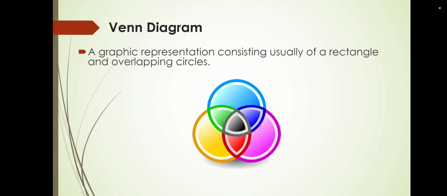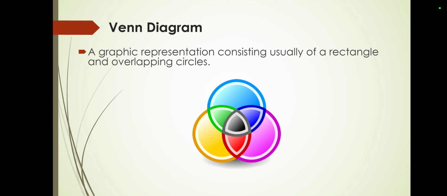When we say Venn diagram, this is a graphic representation consisting usually of a rectangle and overlapping circles. So in most cases, we will be using a rectangle and overlapping circles. The rectangle will represent your universal set, and the overlapping circles will be your sets.